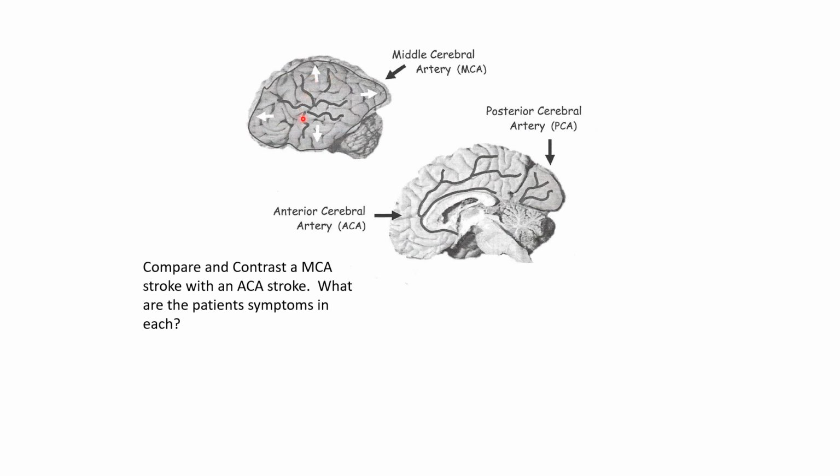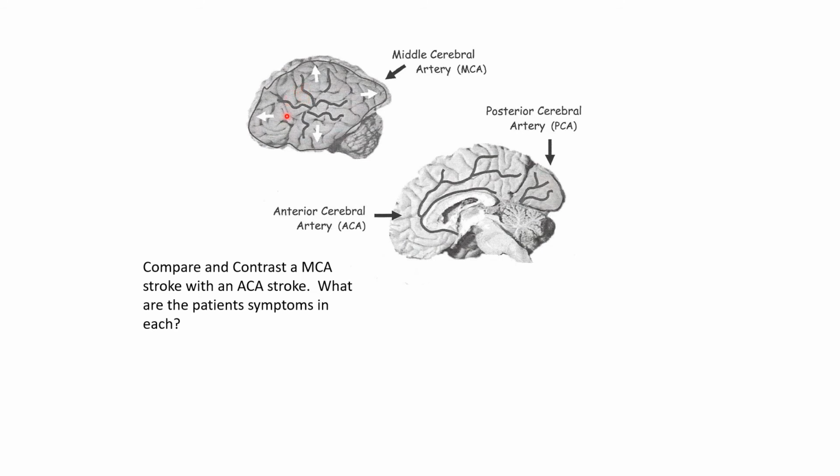If we look at a lateral view of the brain and want to compare and contrast a middle cerebral artery stroke with an anterior cerebral artery stroke, the question is what are the symptoms in each of these patients? With a middle cerebral artery stroke, because both sensory and motor fibers are in this region next to the pre and post central gyrus, particularly the face and the arm, there would be contralateral spastic paralysis in the face and the arm, as well as a hemianesthesia for pain and temperature, vibration and position on the contralateral side of the body and the face.